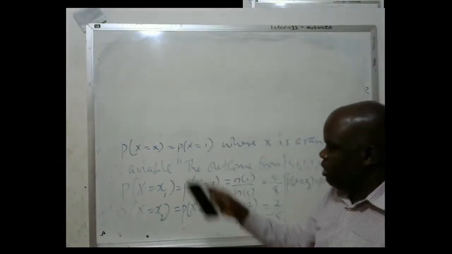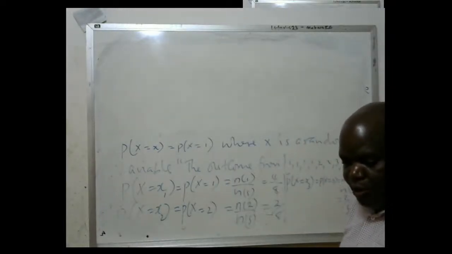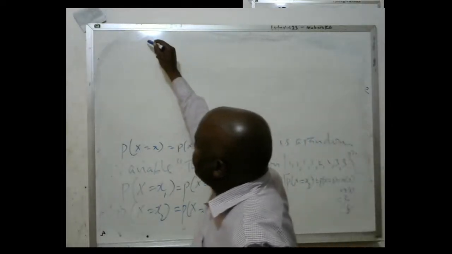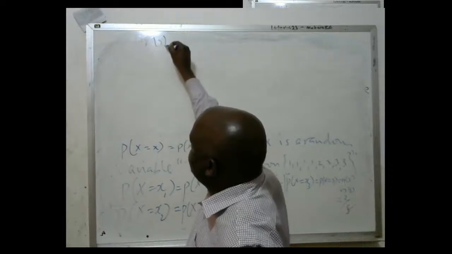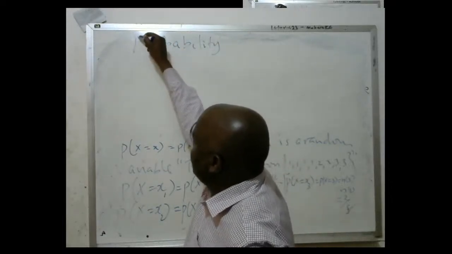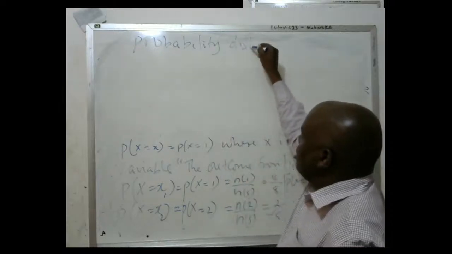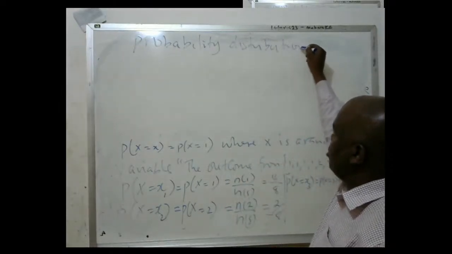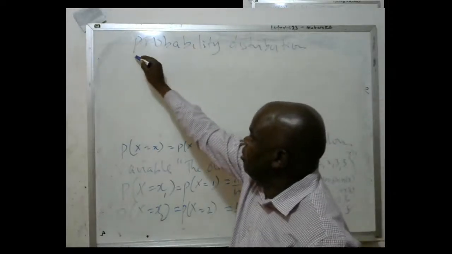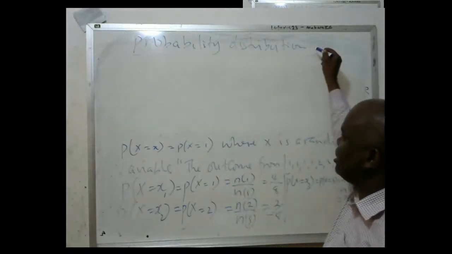So, now that you have been following, and I hope you're following carefully, we can say the probability distribution. The probability distribution of the numbers generated of 1, 2, and 3.